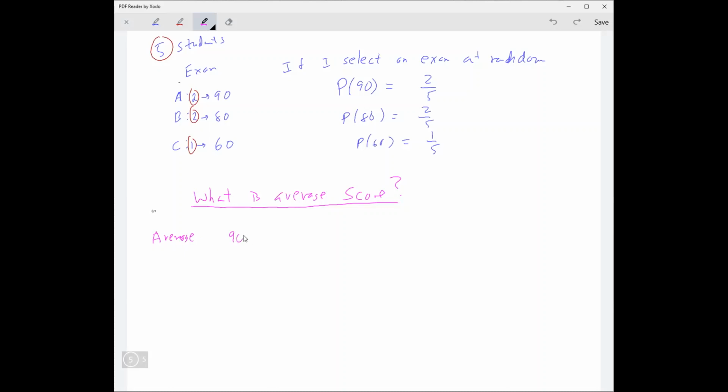I can take 90 and multiply that by the 2/5, and I can take 80 and multiply that by 2/5, and I can take 60 and multiply that by 1/5, and that will give me the average. Does that make sense that I do that? If I do that, I'll get the average.